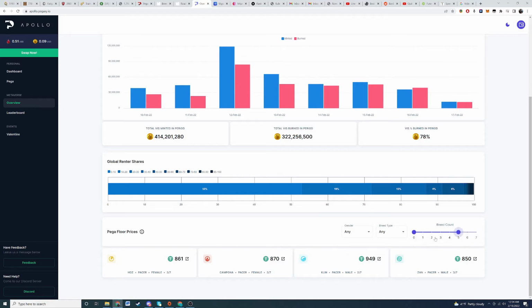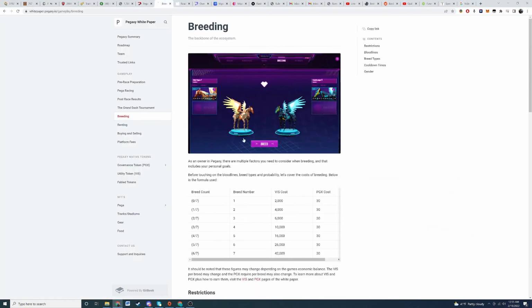So usually there's a pretty close relationship between the price and the breed cost. So like here, we're looking at $1,300 to $1,350 to $1,400. If we go up to look at only one breed counts, they're all about $200 less, give or take. And coincidentally, the difference in cost between a virgin and a 1 breed count is about $200.